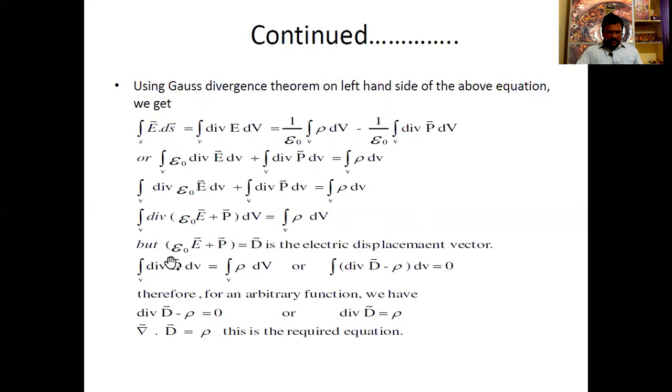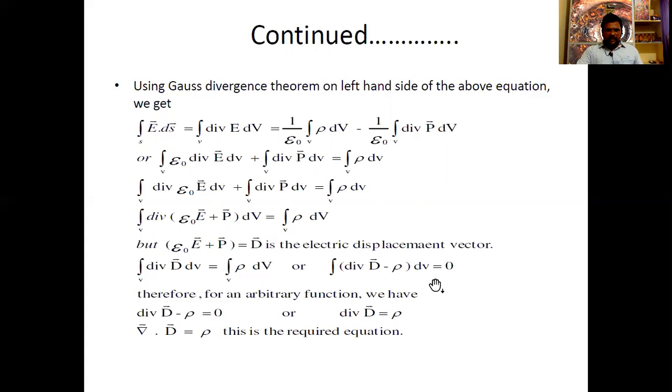From this equation, volume integral of divergence D bar dV is equal to volume integral of rho dV. Bringing this term to this side and rearranging, for an arbitrary volume we have volume integral of (divergence D bar minus rho) dV equal to 0.